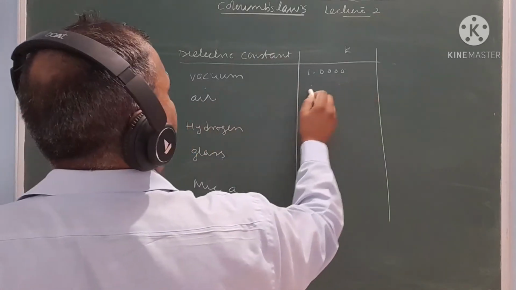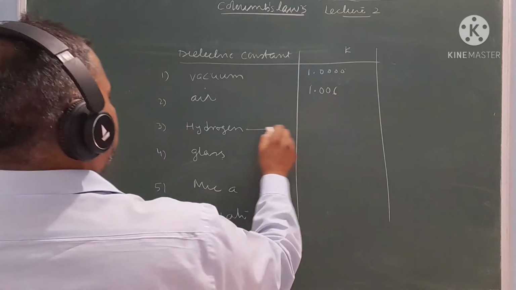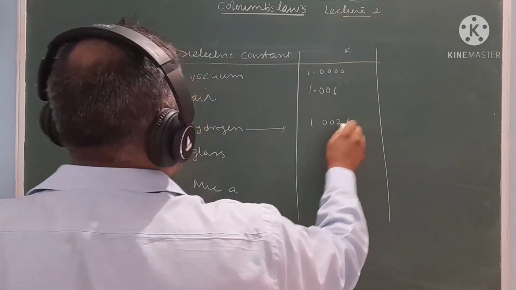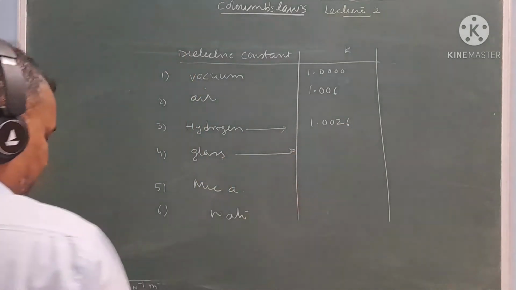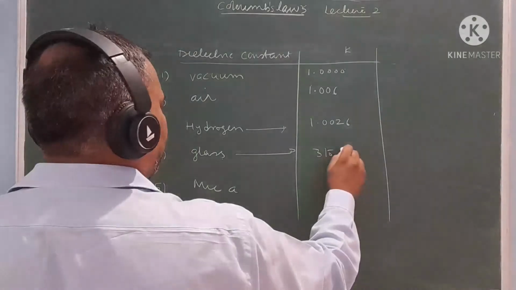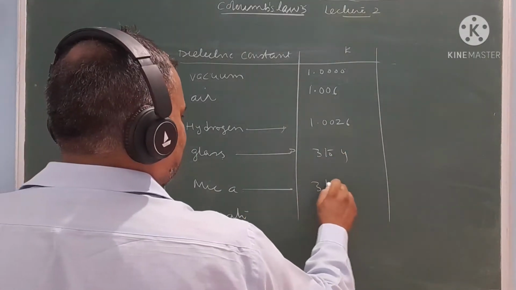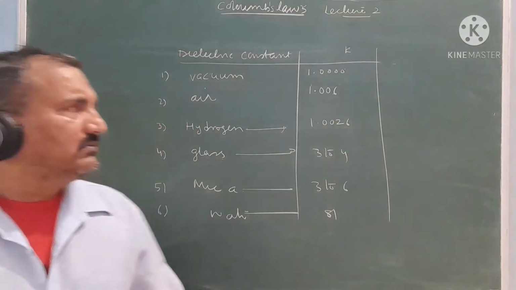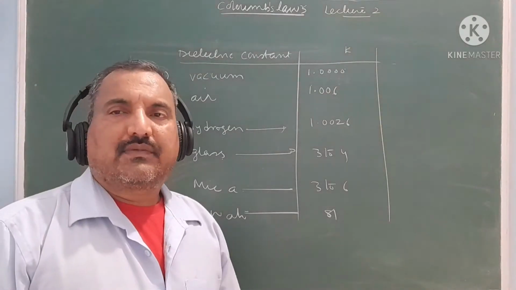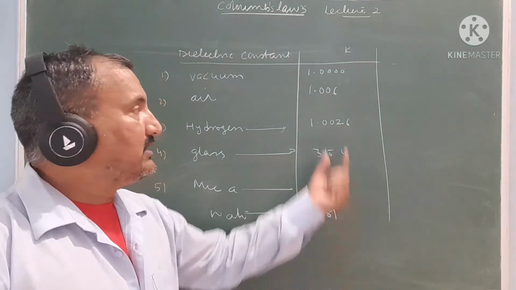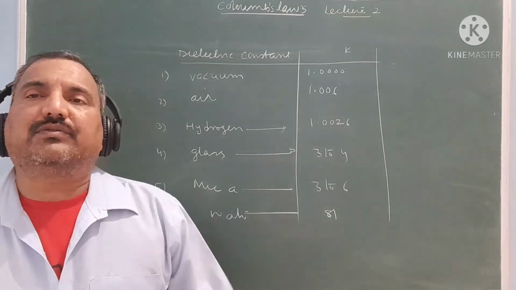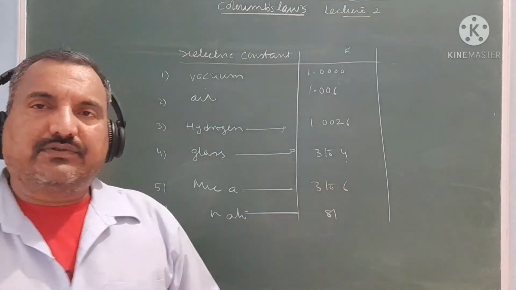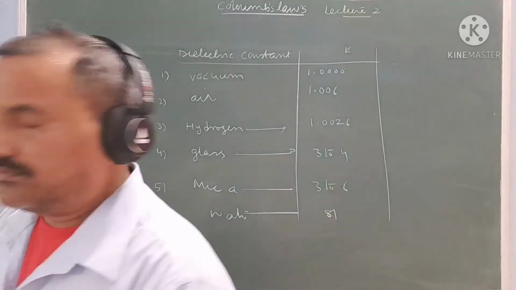Hydrogen is 1.0026. Glass is 324. Mica is 326 and water is 81. And there are many more materials. This table can also help to find the permittivity of the medium. So this is a table you have to remember. Just write it.